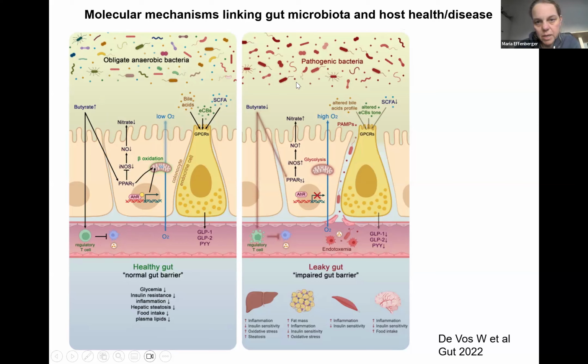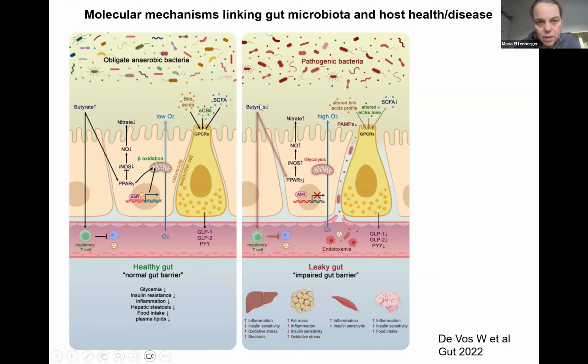But if you have pathogenic bacteria, and they are mostly not pathogenic bacteria like you know them, like Clostridium difficile, they are mostly, as I already mentioned, triggered by nutrition. And then this balance between the microbiota and the host is not there any longer.